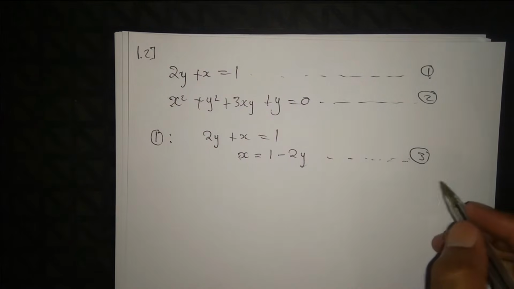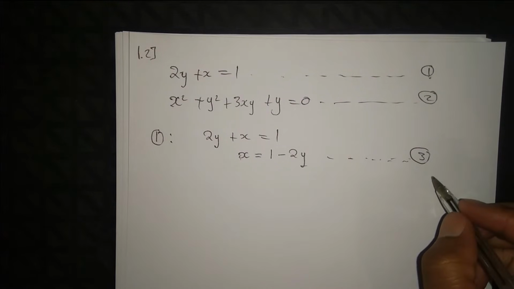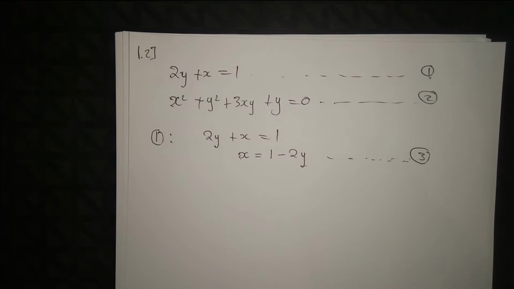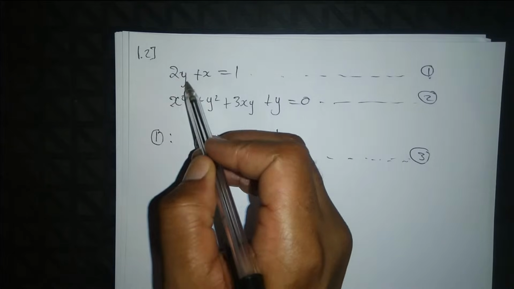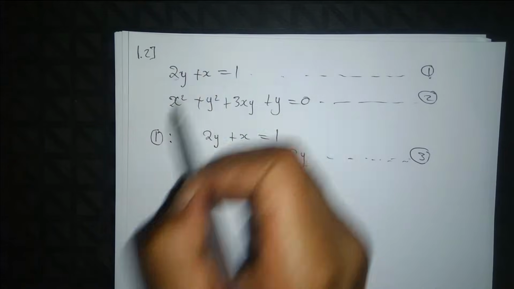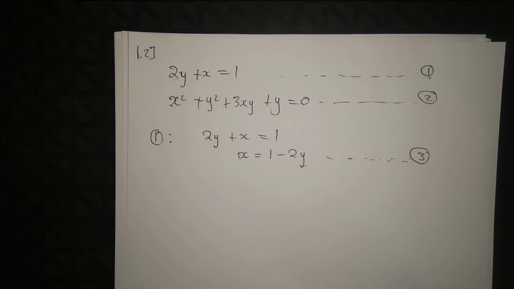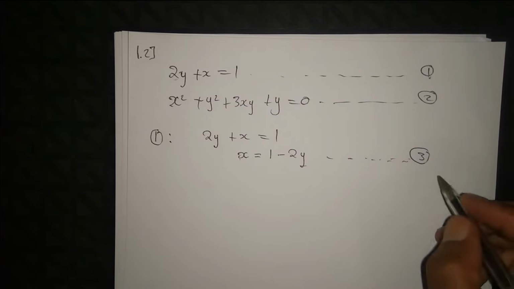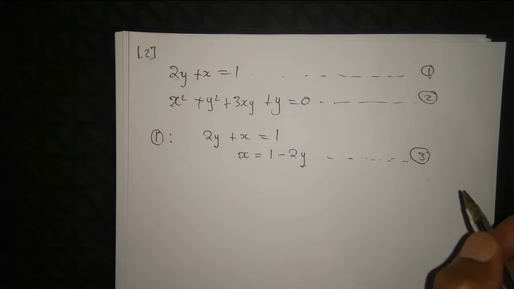So a tip: the variable you must make the subject of the formula is the one that has no square and has a coefficient, like here in equation 1. See, I did not make y the subject of the formula because it has a coefficient of 2. I decided to go with x because x has a coefficient of 1. So you want to solve for the variable with a coefficient of 1.